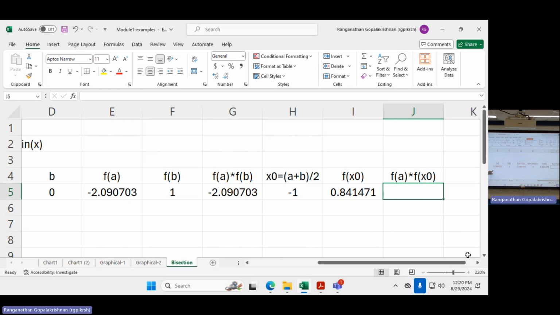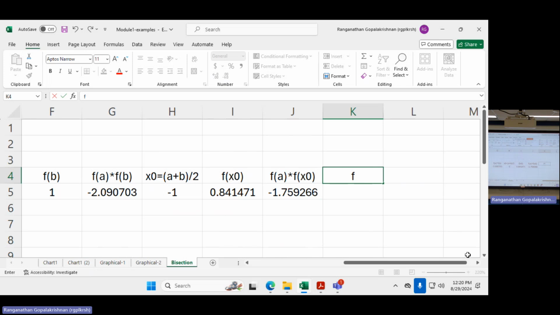Can you tell in terms of the columns here? This is column J. How do you write J? J5 is E5 times I5. And then f of x naught times f of B is I5 times f of B.